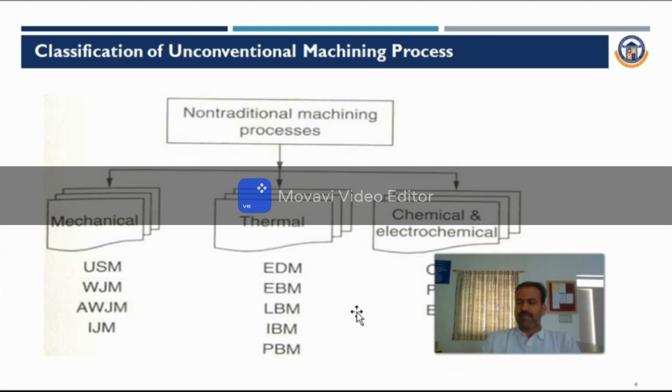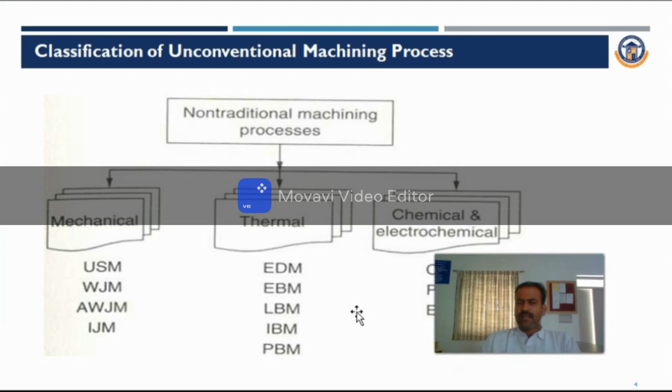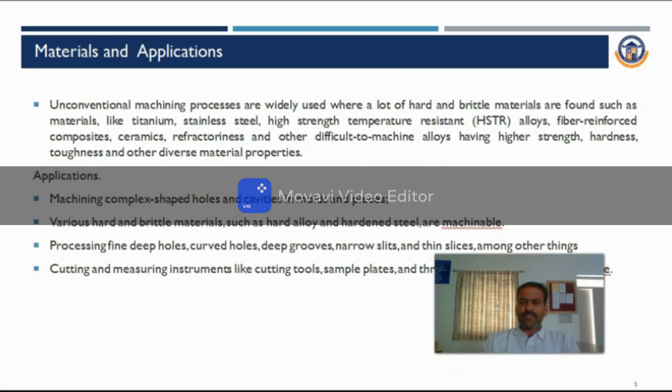Then thermal energy based: electrical discharge machining process, electron beam machining process, laser beam machining process, etc. we use under the thermal energy based. For chemical and electrochemical energy, chemical machining process, electrochemical machining process, these are all under the chemical and electrochemical energy based non-conventional machining process.